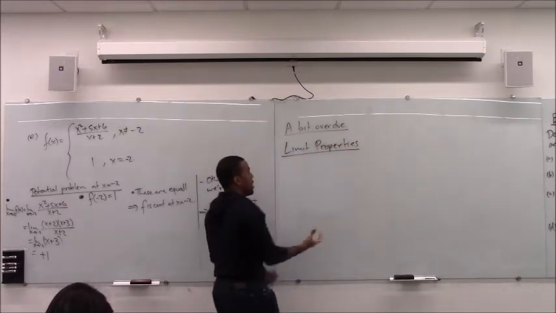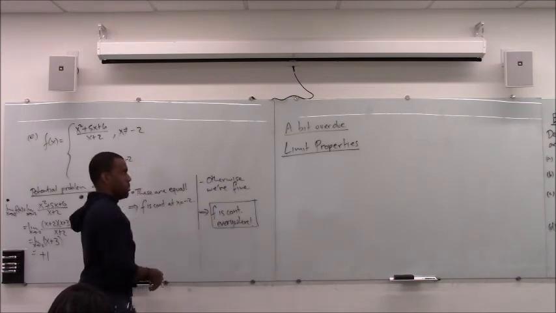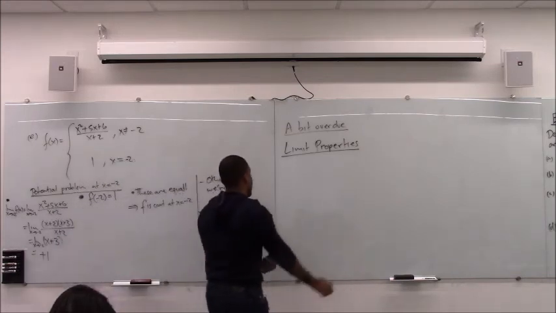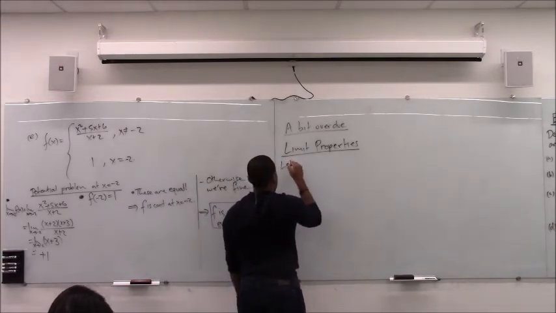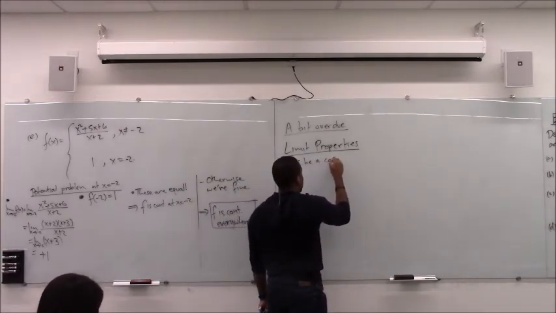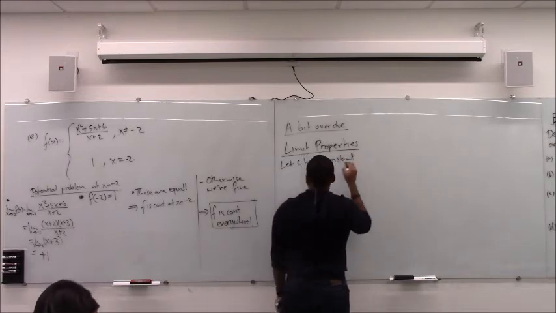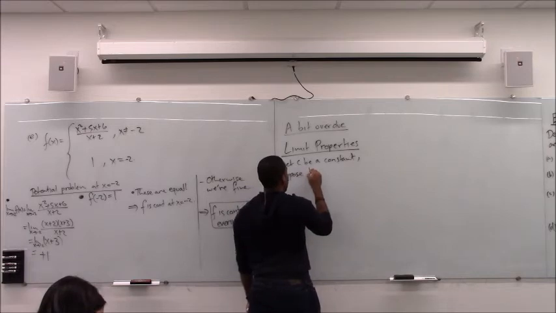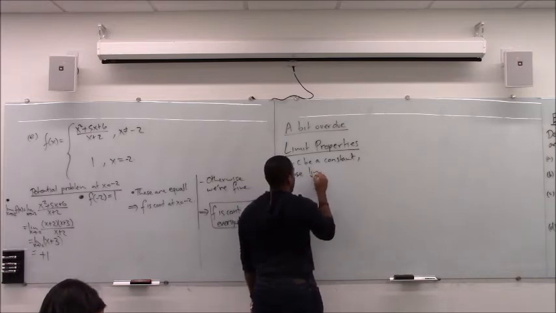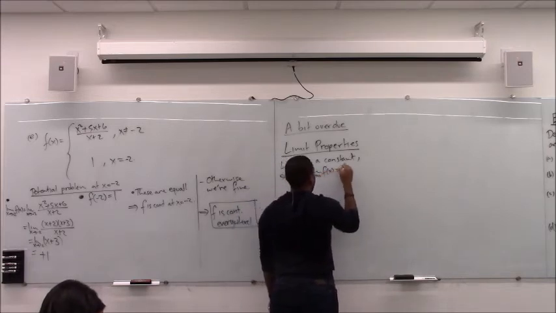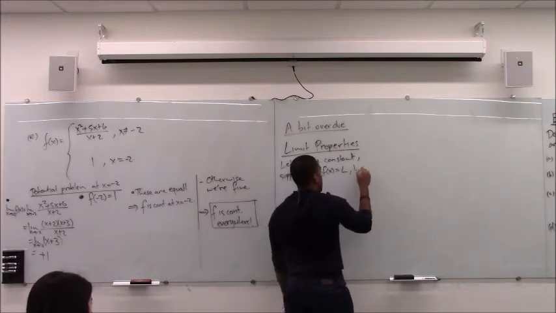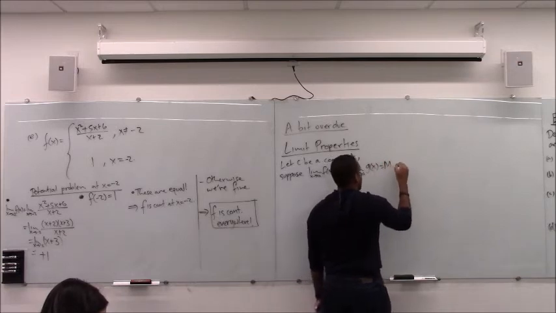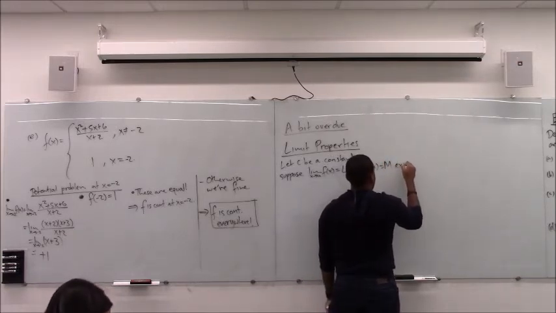These are things you're allowed to manipulate. If you're ever wondering, can I actually do that? I'm going to tell you what specific things you can do with limits. Let C be a constant, and suppose the limit as x approaches a of f(x) equals L, and the limit as x approaches a of g(x) equals M exist.